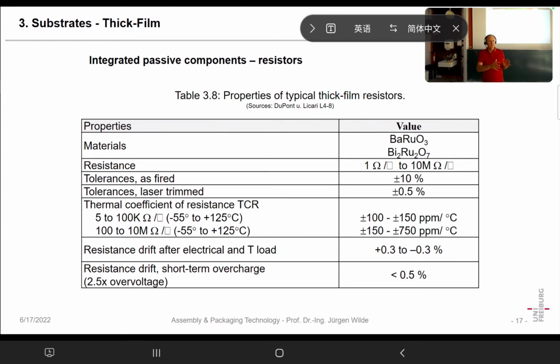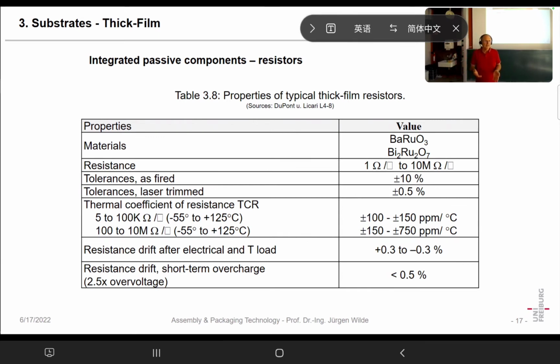It has a constant carrier density, but it has a decreasing mobility. A semiconductor has a decreasing mobility, but the number of carriers is increased more. Typically it's increased exponentially, while the mobility is decreased linearly. And in that way, we can have a positive or a negative TCR.